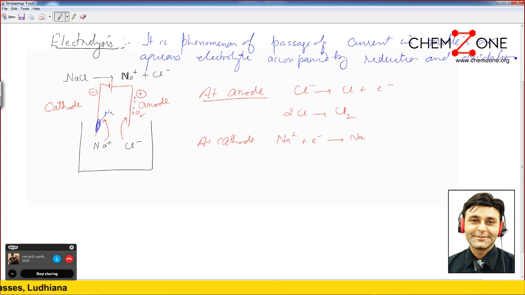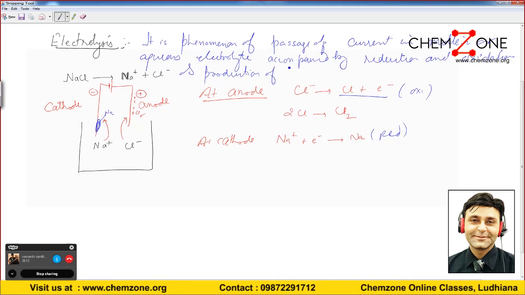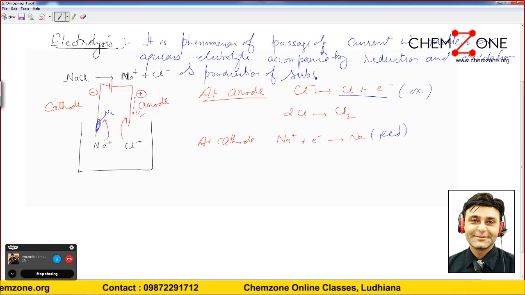You can see that the loss of electrons is called oxidation and gain of electrons is called reduction. And production of substances at cathode and anode.